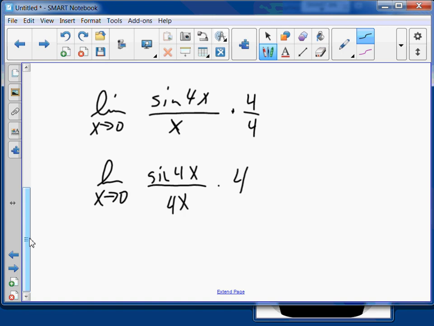When you use that limit I told you about, sine of x over x equals 1, this part and this part have to be exactly the same. They have to be exactly the same for it to equal 1. So this is 1. See how easy that was?